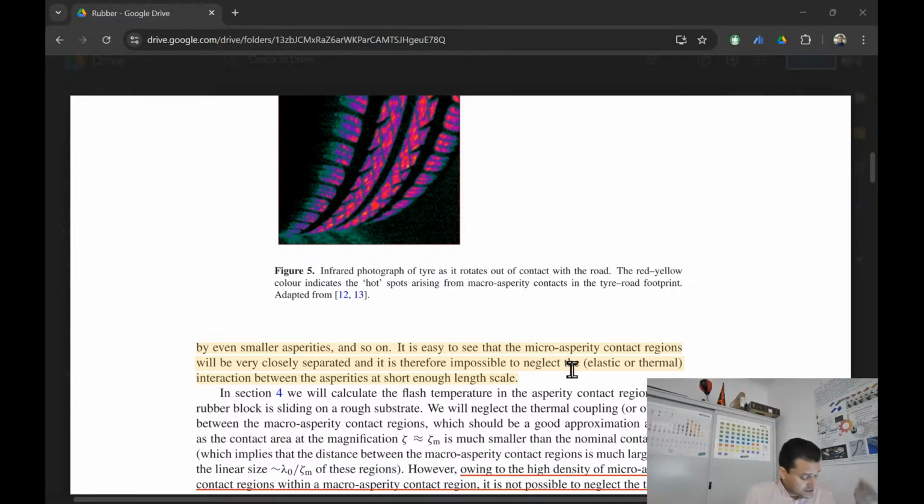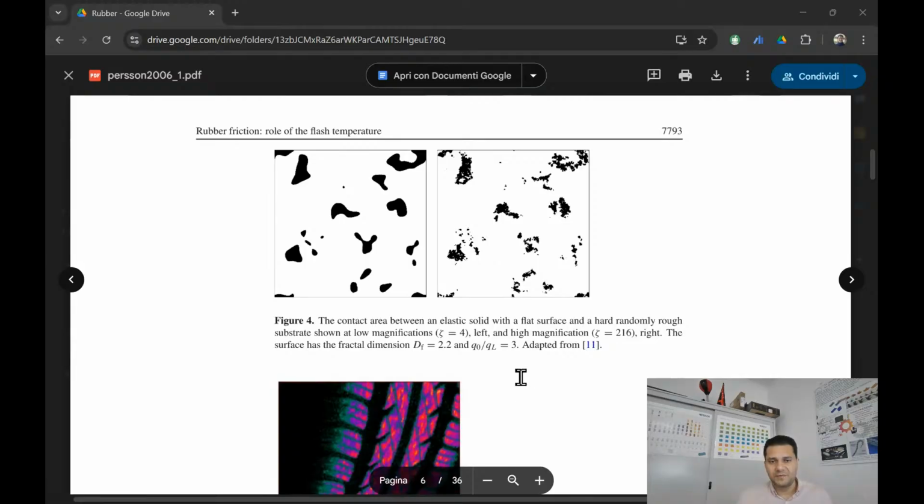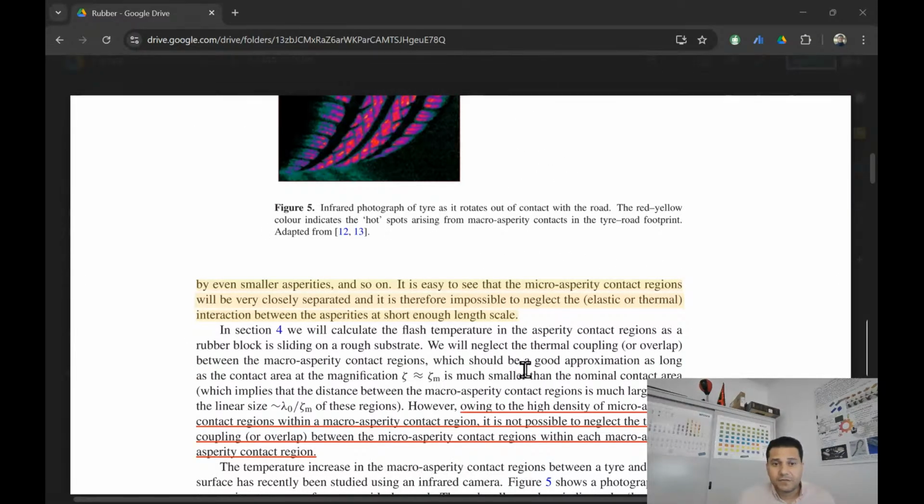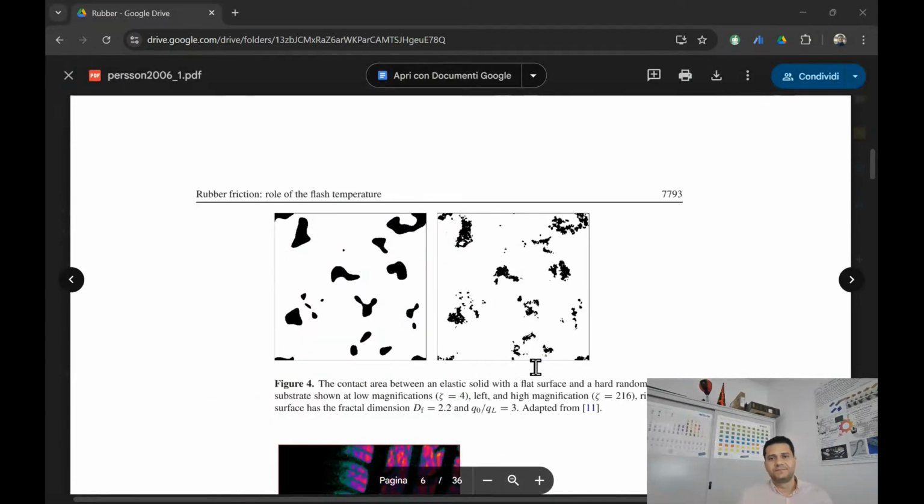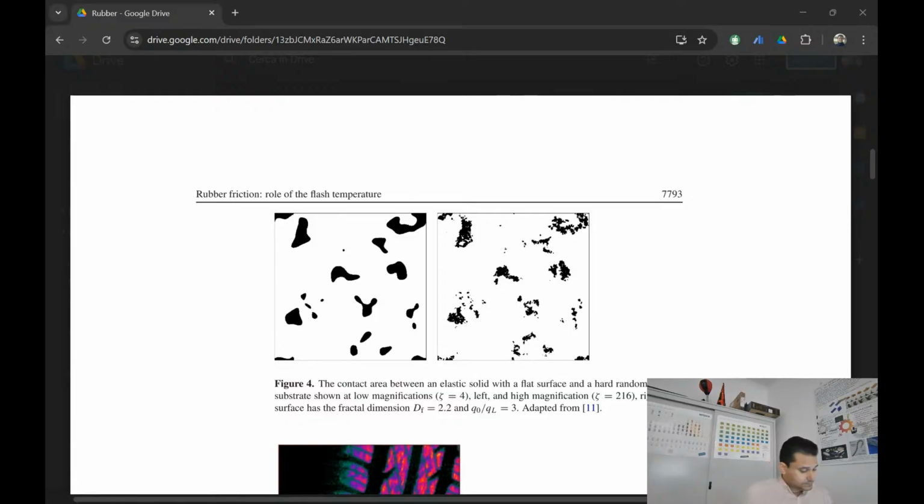It is easy to observe that the microasperity contact regions will be very closely separated. It is therefore impossible to neglect the elastic and thermal interaction between the asperities at short enough length scale.